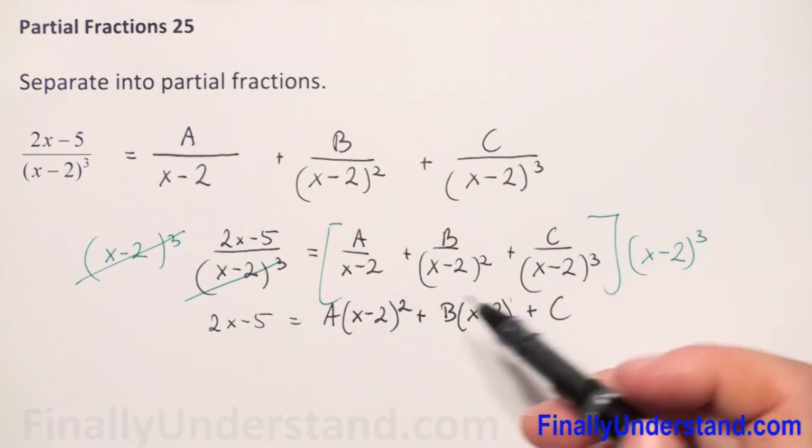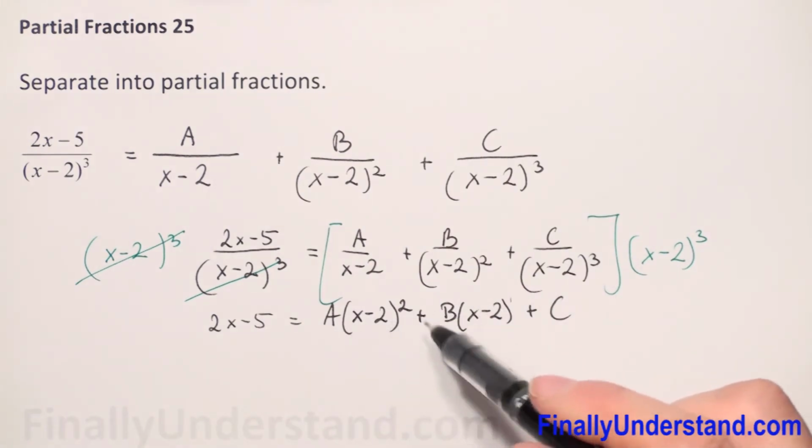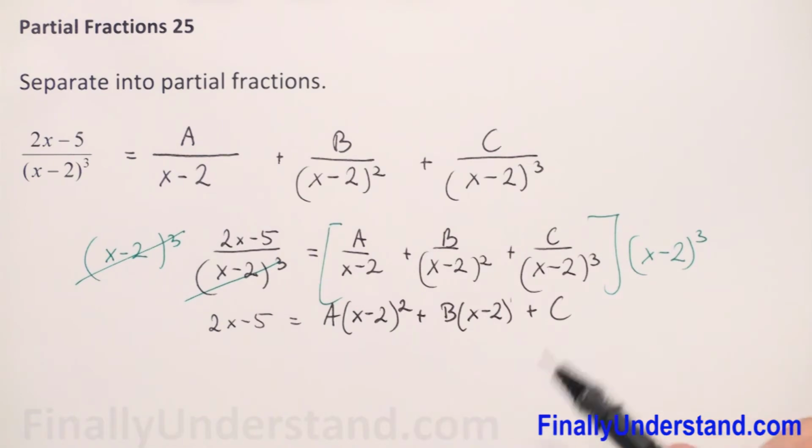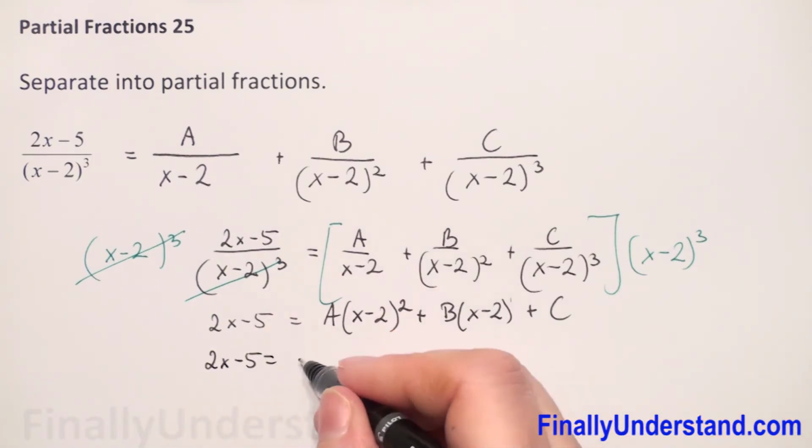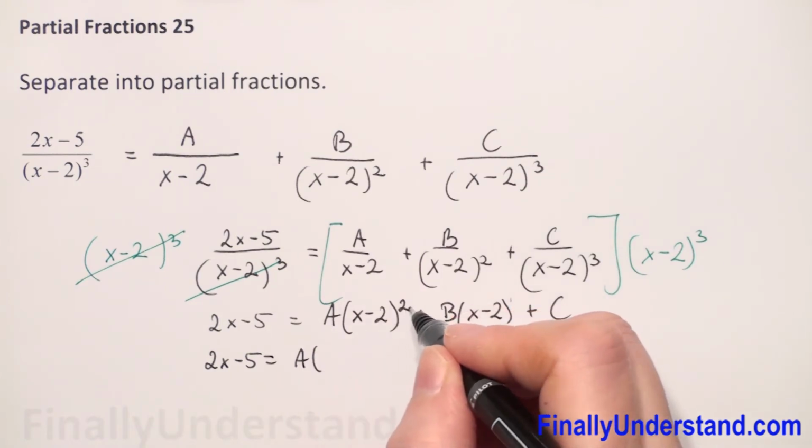Next, what do we have to do? We have to do multiplication on the right side. 2x minus 5 we copy, A we copy, and first we have to do the powers.